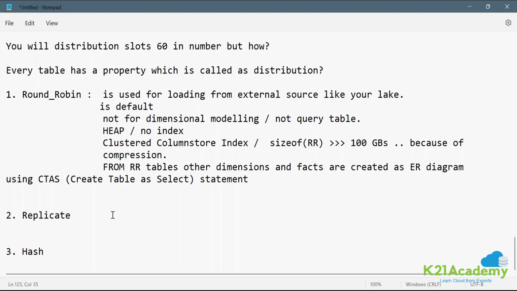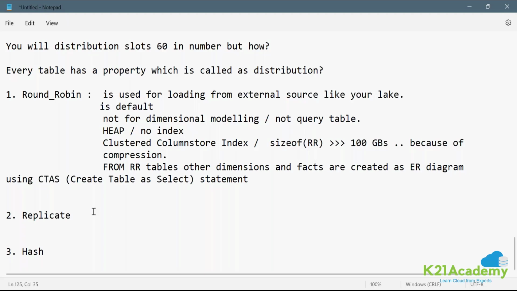But some engineers place a CCI on it when the size of the round robin table is of the orders of hundreds of GBs because of compressions. And from these RR tables, other dimensions and facts are created as per the ER diagram of a warehouse, as the modeling and the relationship needs you have, using CTAS, create table as select statement.